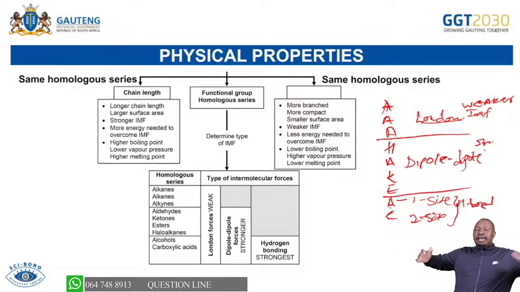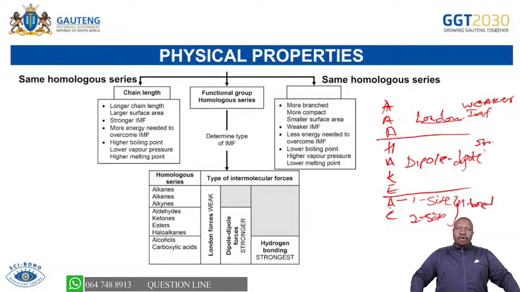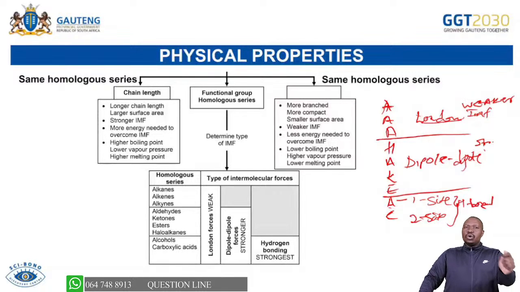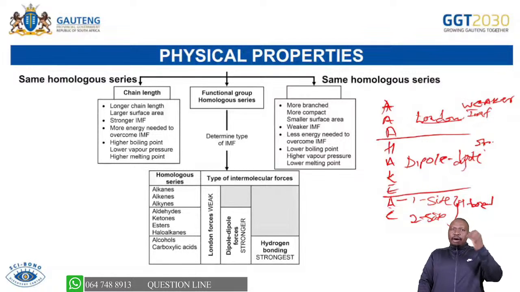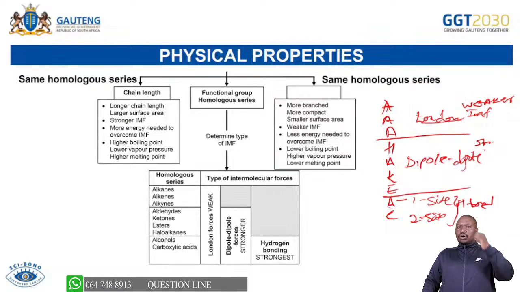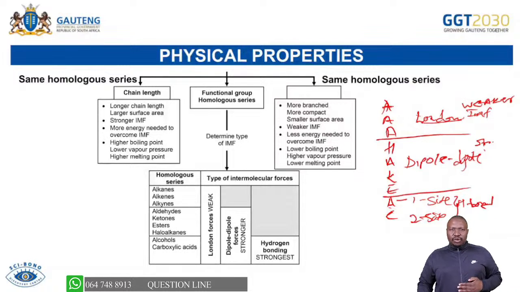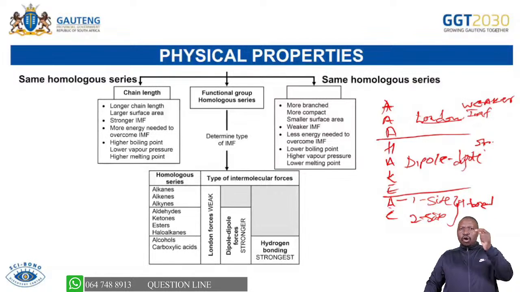So carboxylic acid has the highest strength of intermolecular force as compared to alcohols, which have one side. It means alcohol forms one hydrogen bond as compared to carboxylic acid that will form 2. So carboxylic acids have the strongest intermolecular forces, which we call hydrogen bond, as compared to alcohols, because alcohol will have one side of hydrogen bond and carboxylic acid has 2 sides.